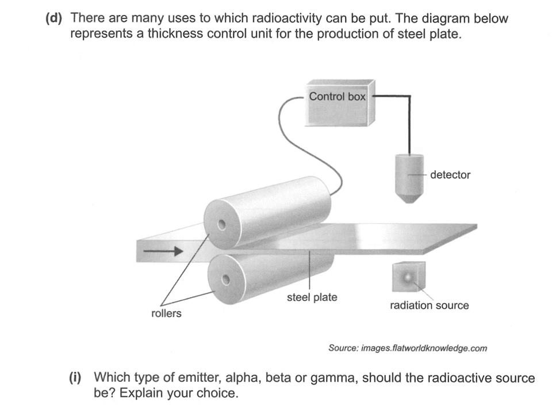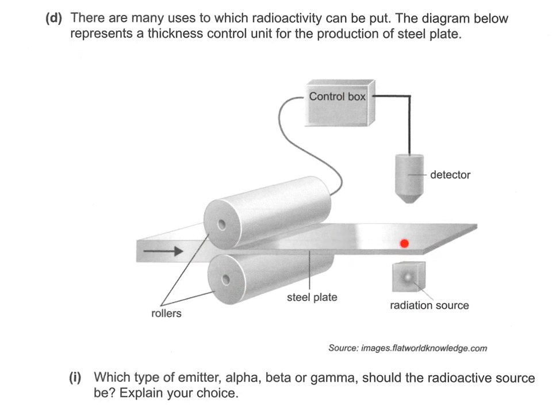We have the idea of something being fed in here, and these rollers are squeezing it down. It starts off thick and ends up thin, and so these rollers are being forced to squeeze it down to a certain thickness. And then this system here is controlling how much pressure there is in these rollers. So how much of the radiation is getting through is directly being fed to the pressure on the rollers.